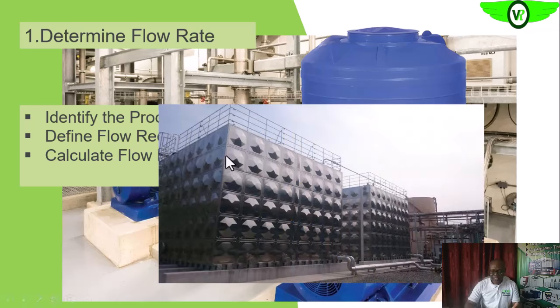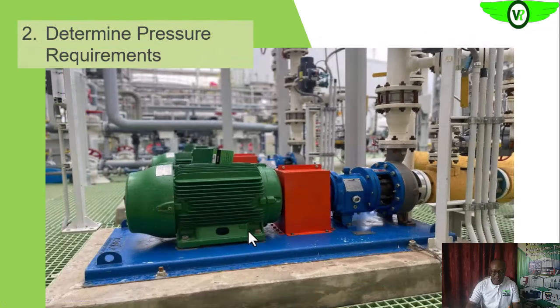Here it is basically the same thing: determining the volume of the tank, and these are the pumps. Then the amount of time you want this tank to be filled will give you the flow rate.